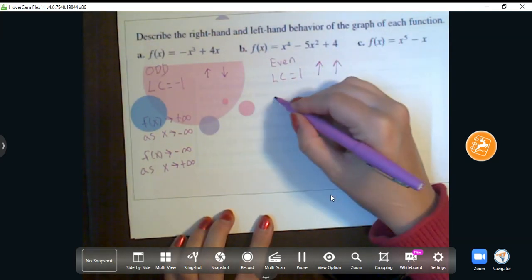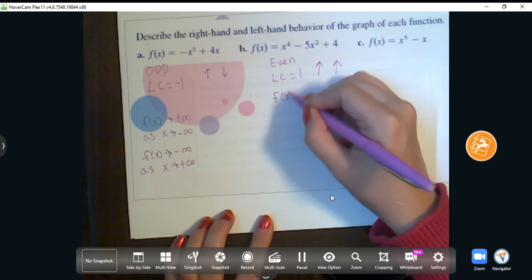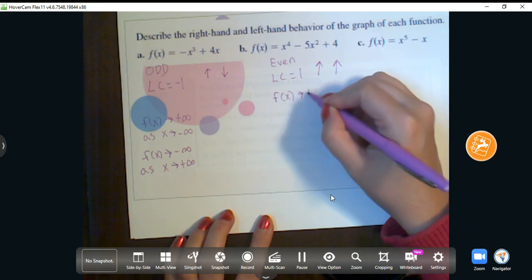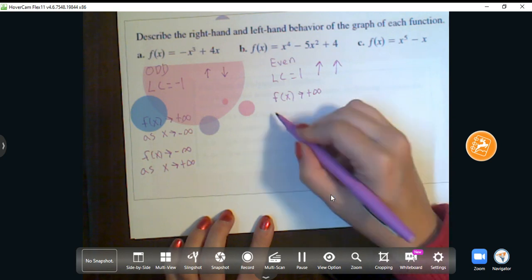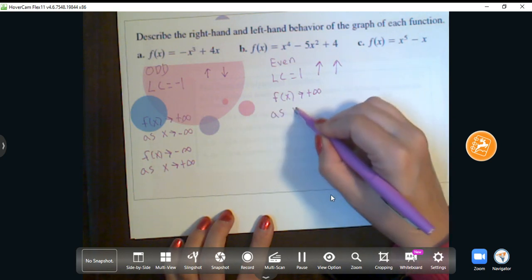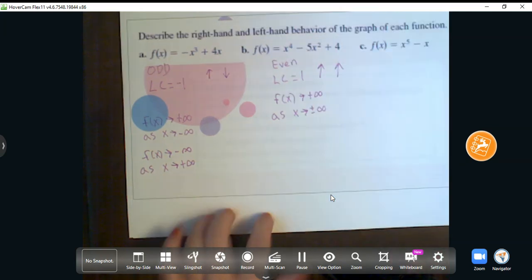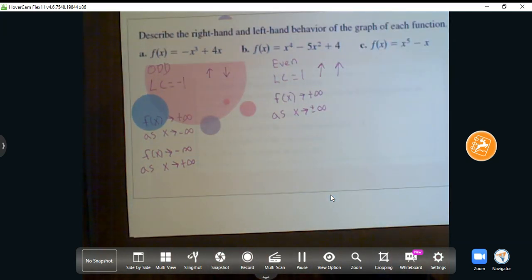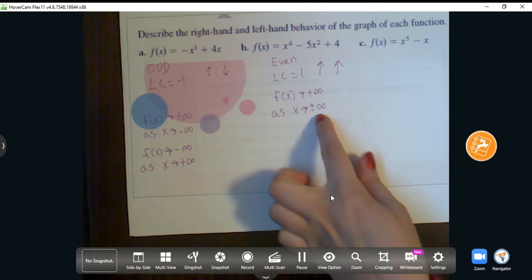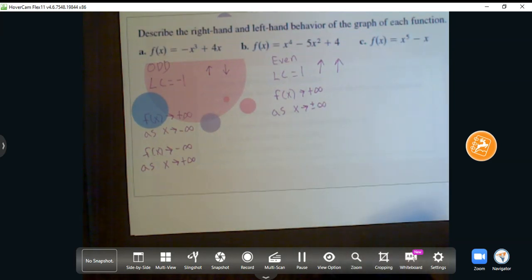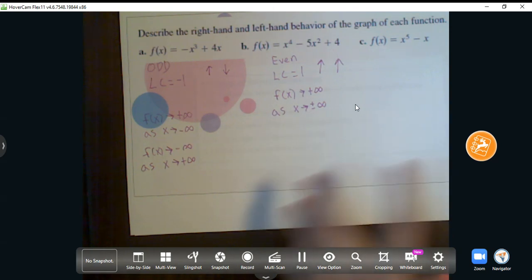And again, we want to use our correct notation. So I'm going to say f of x goes towards positive infinity. And notice that it's going to happen as x goes towards positive or negative infinity. So if they're doing the same thing, I'm okay if you just write it as one statement instead of having to write it as two different statements.